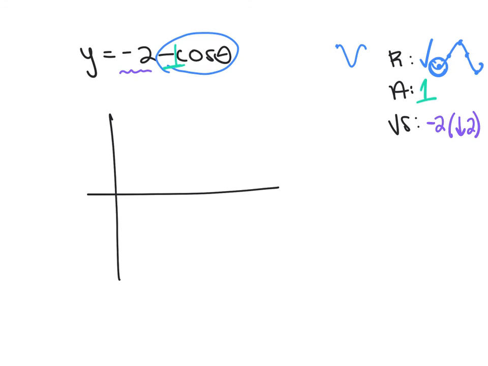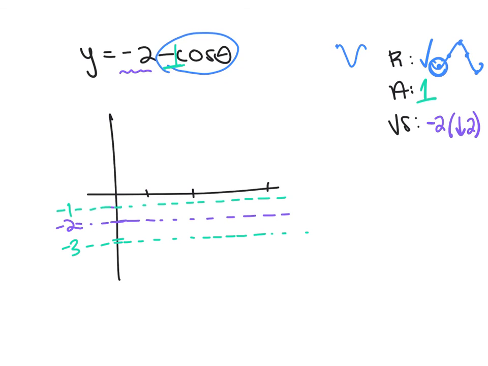So vertical shift down 2 means the new middle of our graph is at -2. An amplitude of 1 means the bottom of our graph will be 1 below that middle, so -3. The top of our graph will be 1 above, so at -1.